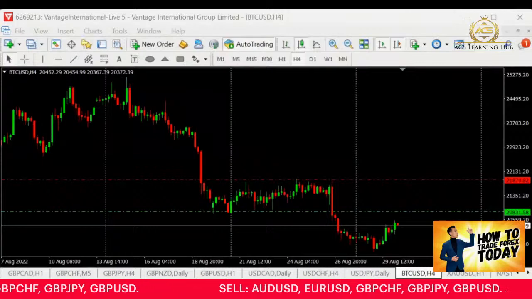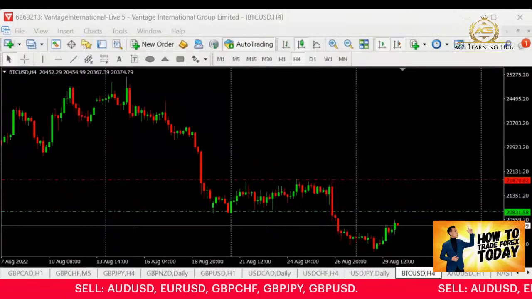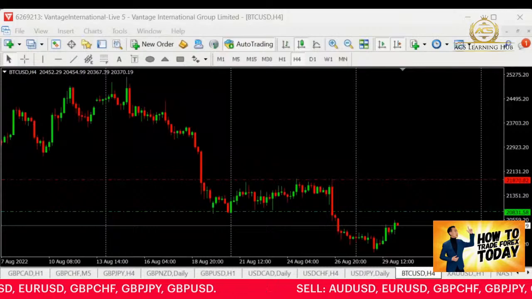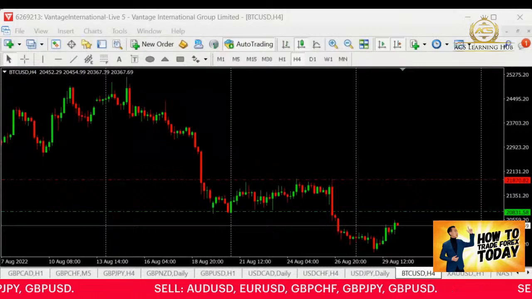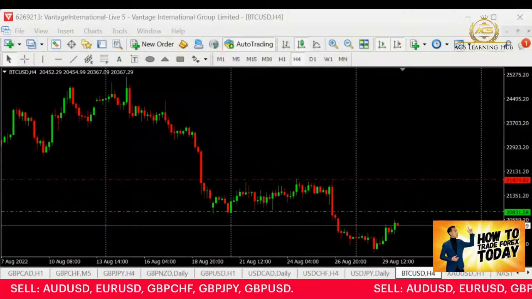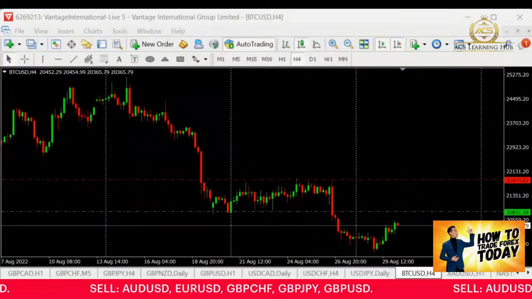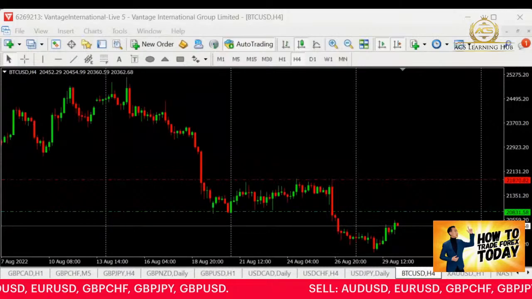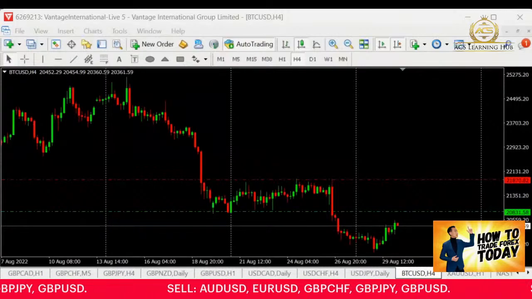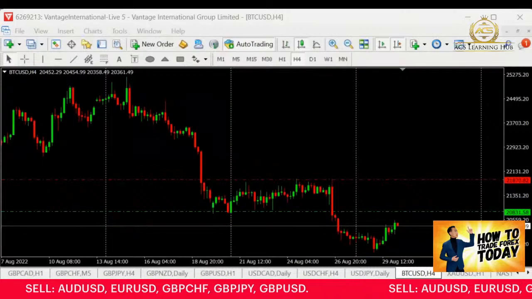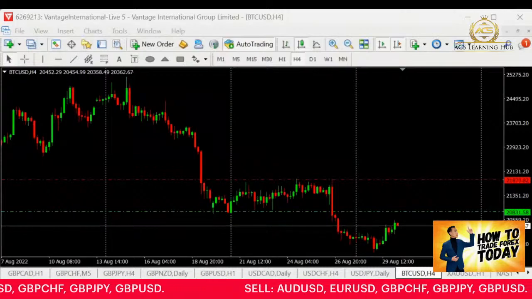All these are for selling. So guys, do remember, those pairs that we need to sell, do stay with the selling. If there's a necessity for us to wait for a retracement, then just wait. Be patient, so that we can get our profit in a very consistent way.